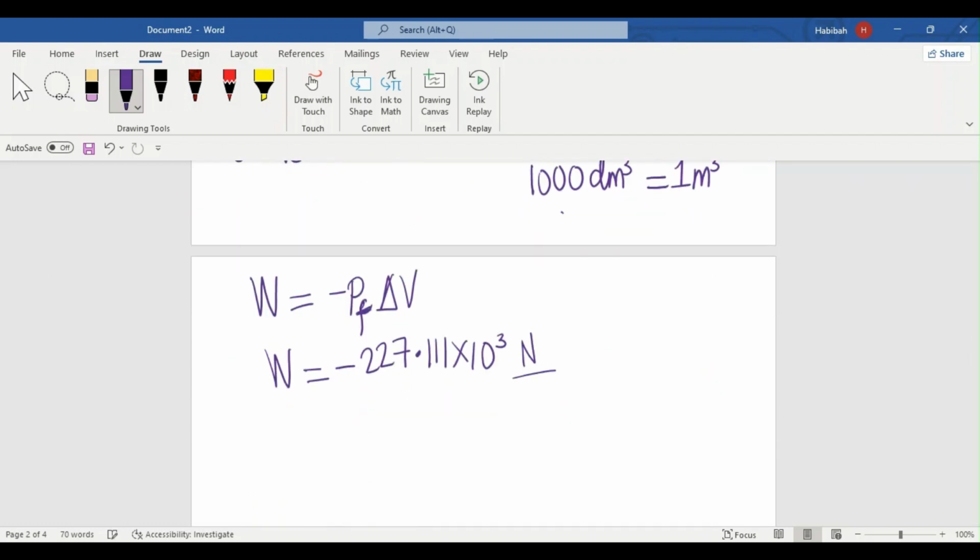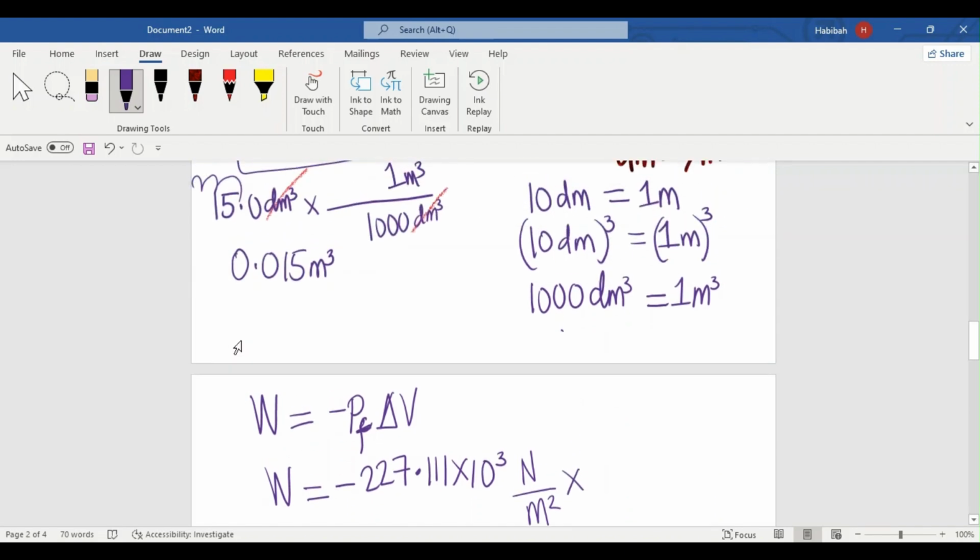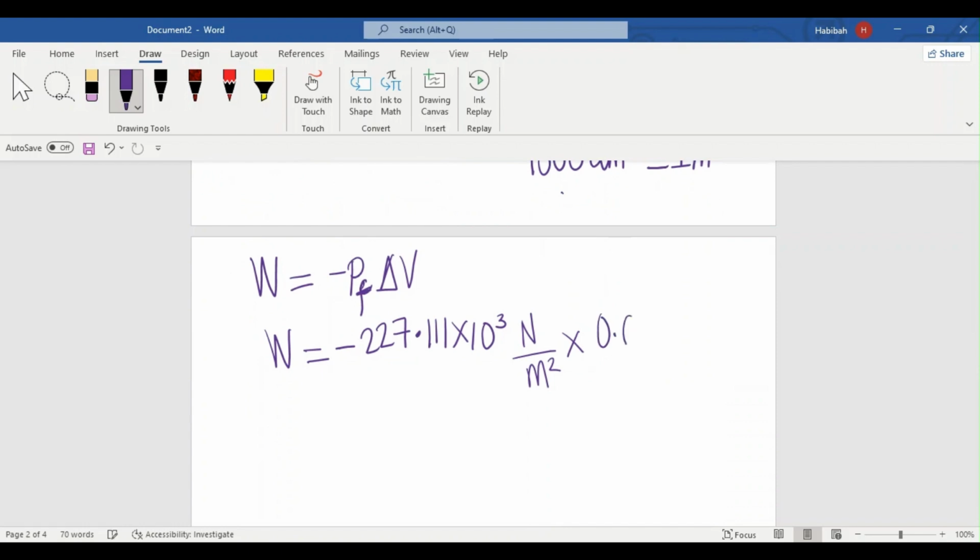So that would be Newton per meter squared times change in volume, which is simply 0.015 meter cubed. Of course, we can cancel this out. So that would be negative 227.11 times 10 to the power 3 times 0.015, which is going to equal negative 3406.66 Newton meter.